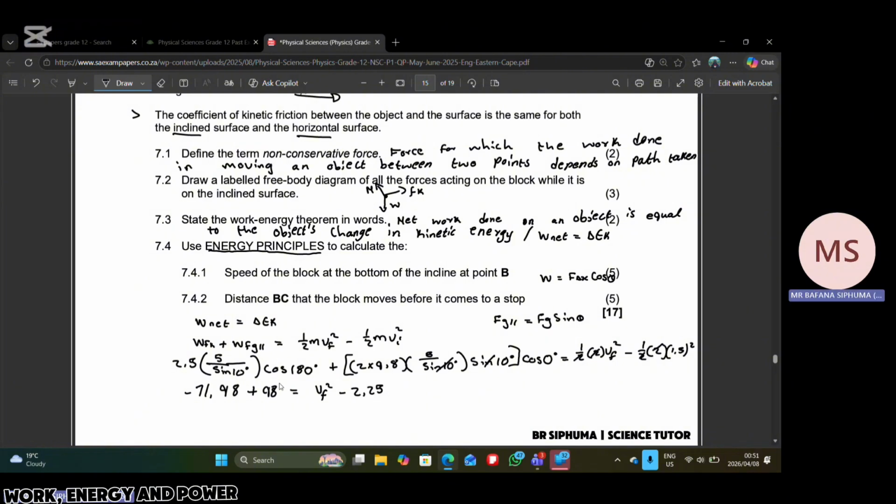So I'm going to say Vf squared is equal to negative 71.98 plus 98 plus 2.25 right there. So I have 28.27.